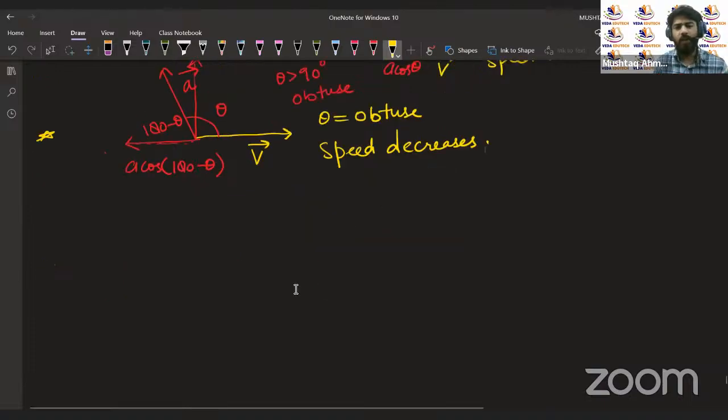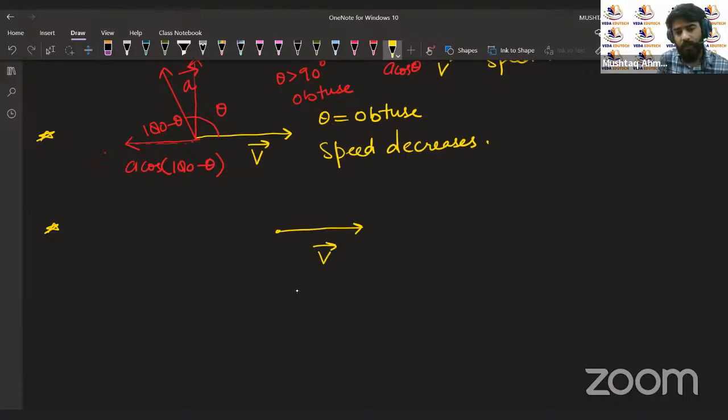Or we can say that if the acceleration and velocity vector are anti-parallel to each other, then in that case also, the speed is going to decrease.